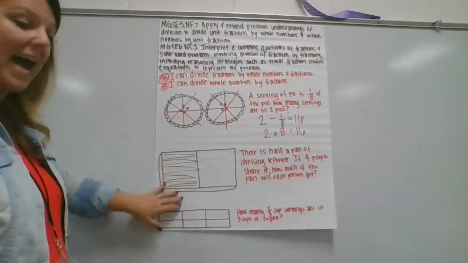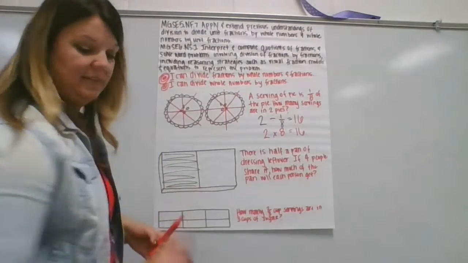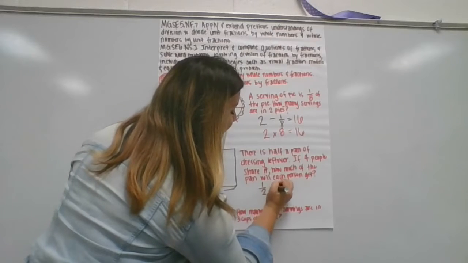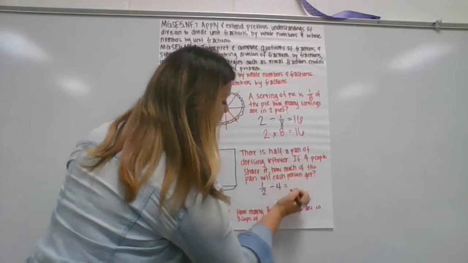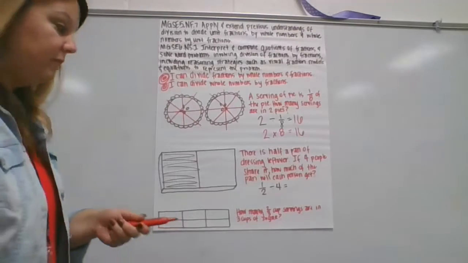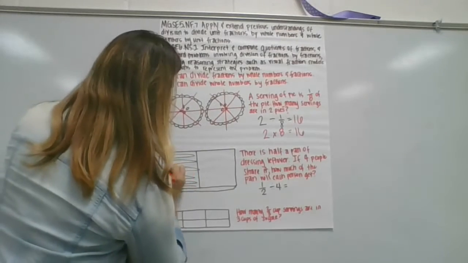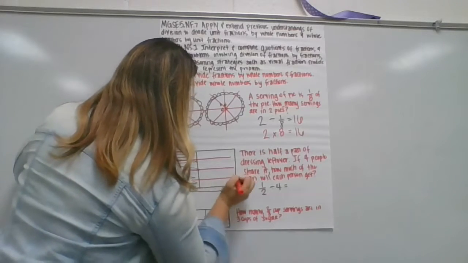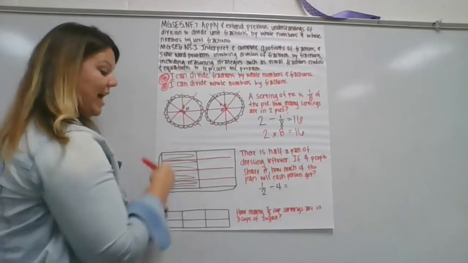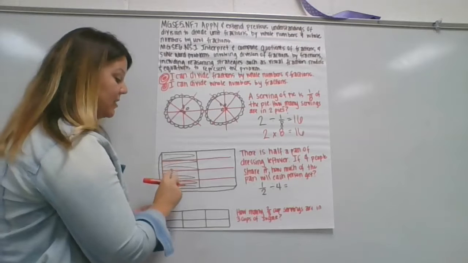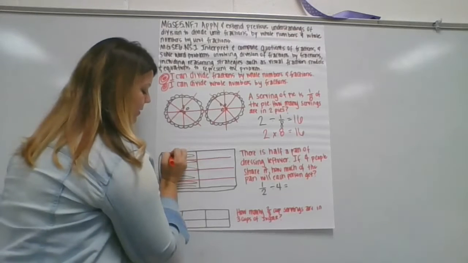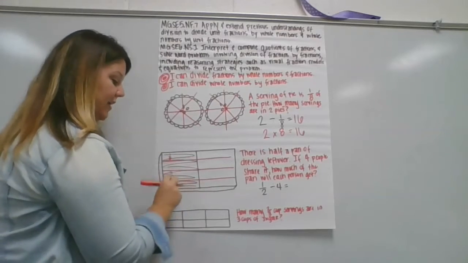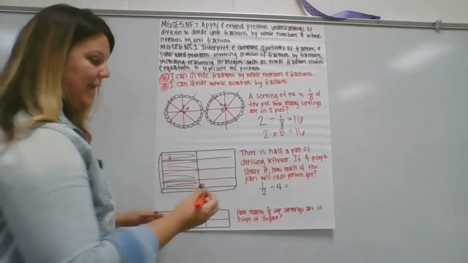So we're going to take our half a pan here, and this is going to be 1/2 divided by 4, and we're going to split it into 4 pieces. Here we have half the pan divided into 4 pieces. Each person gets 1/8, because this is a serving out of 8 total servings, and it's 1/8 of the pan.